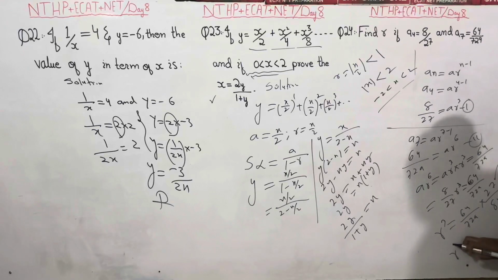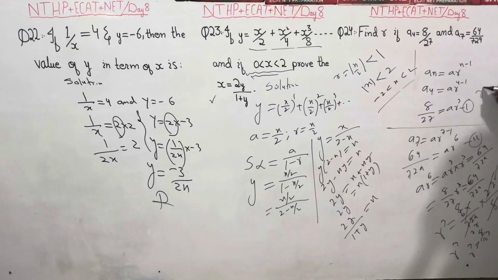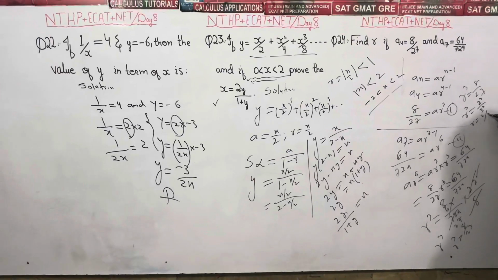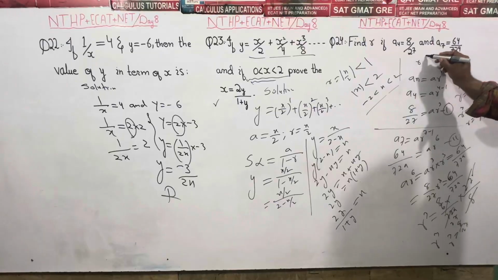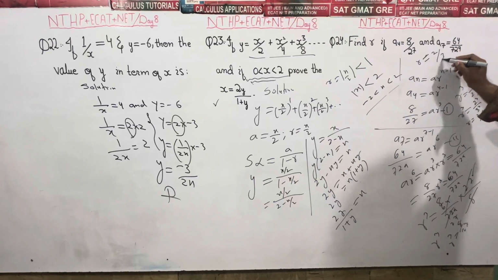After cancellation, r cube is equal to 8 over 27, which is 2 cube over 3 cube. So r is 2 over 3. Our common ratio is 2 over 3.